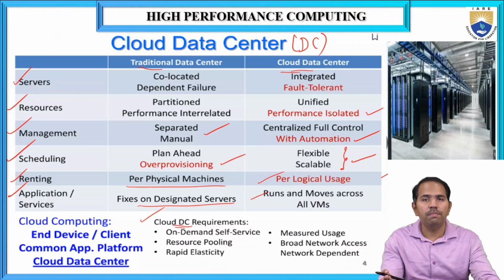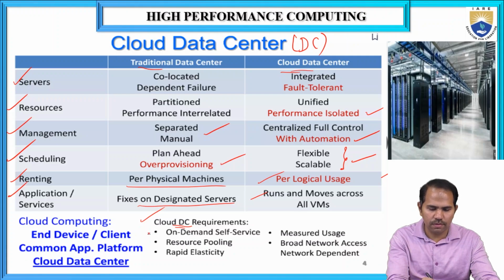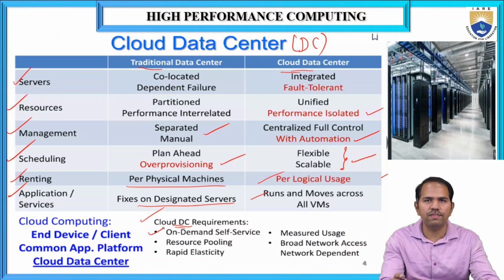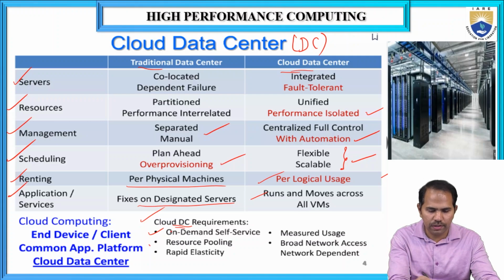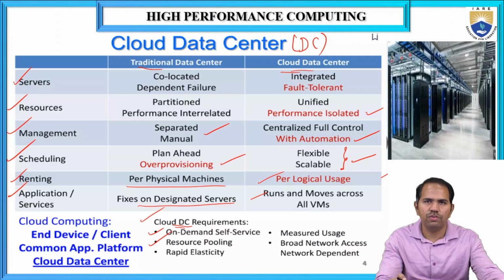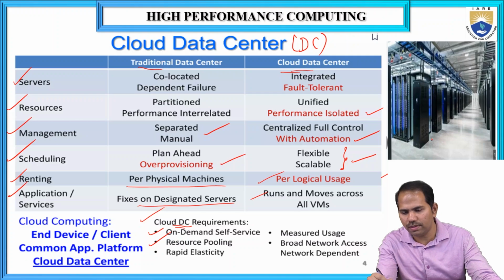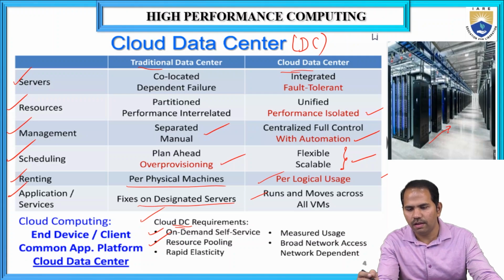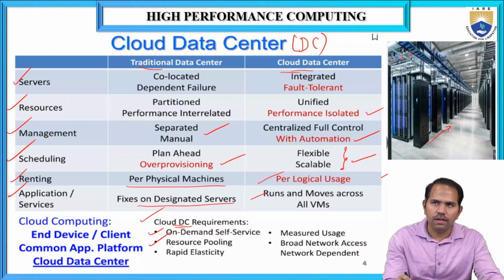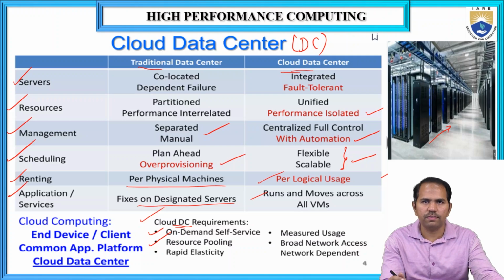The requirements are on-demand self-service and resource pooling. We have to collect different resources in one place. It has to maintain a large storage area, different computing servers and storage areas.